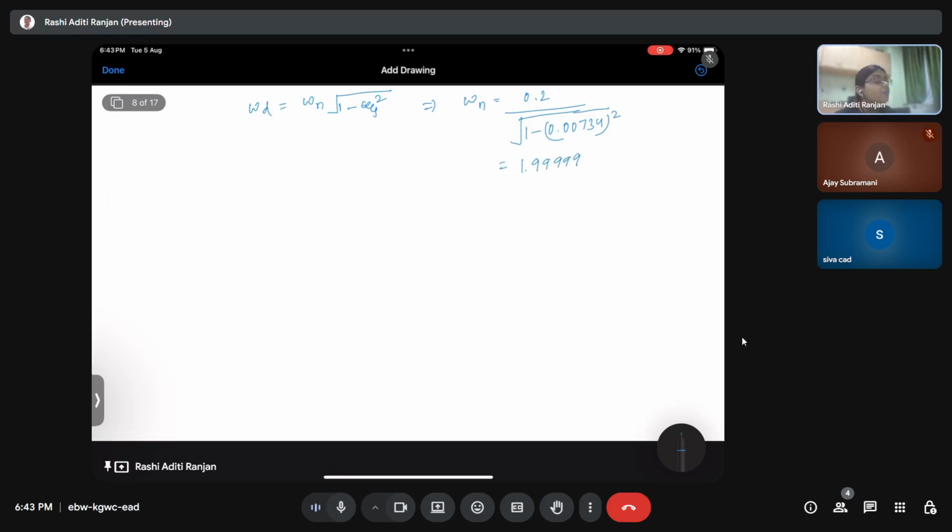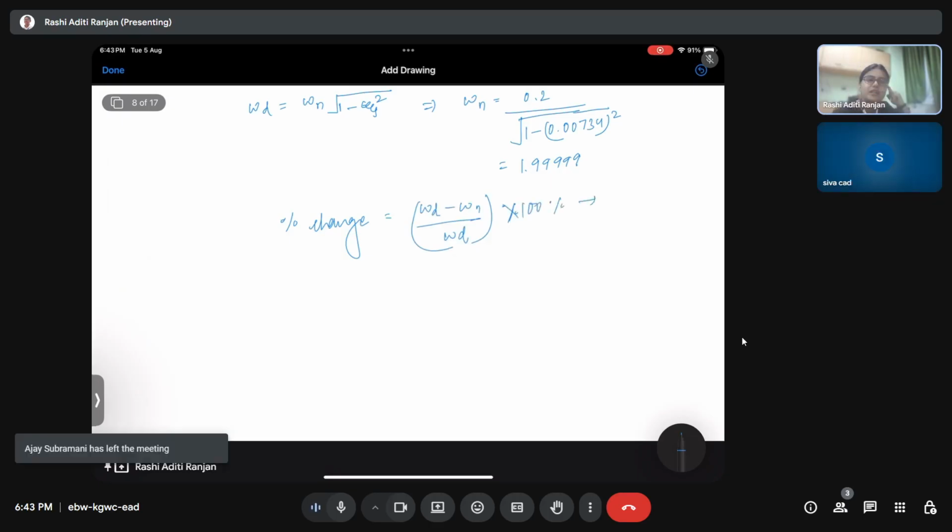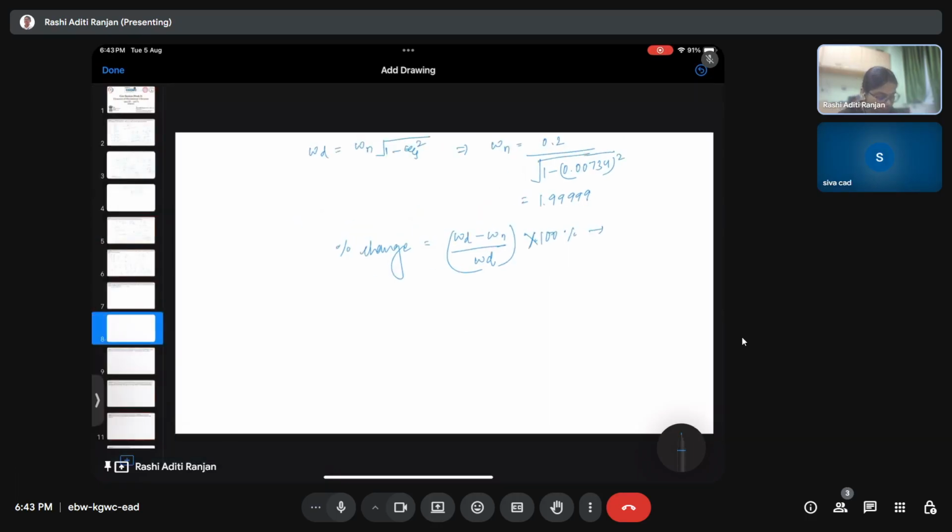Now if you want to find the percentage change, it will be omega d minus omega n by omega d, multiplied by 100%. It will come out to be a very small value.